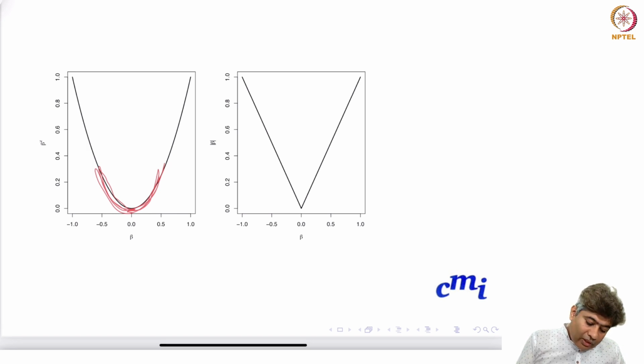But the problem with the mean absolute deviation is that it is continuous, but it is not differentiable at 0. So you cannot really take a derivative and set it to 0 and try to find the solution. That is the main problem with mean absolute deviation.